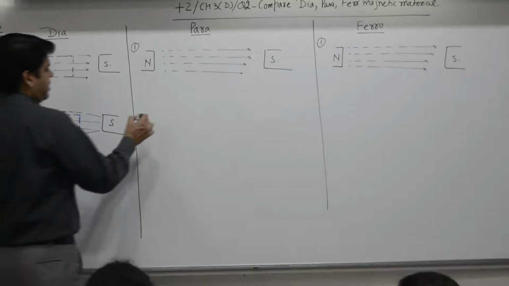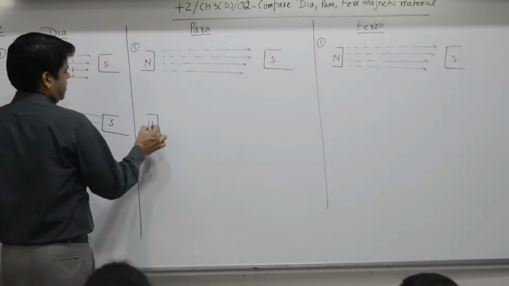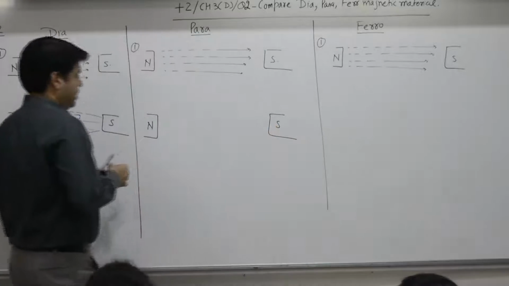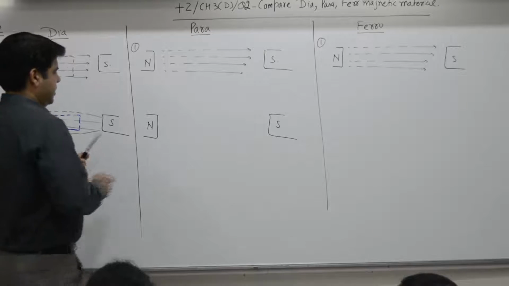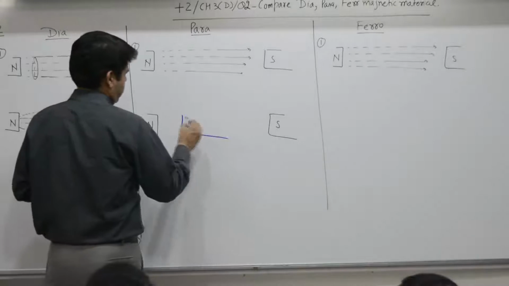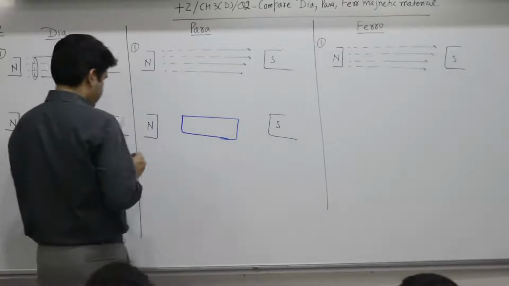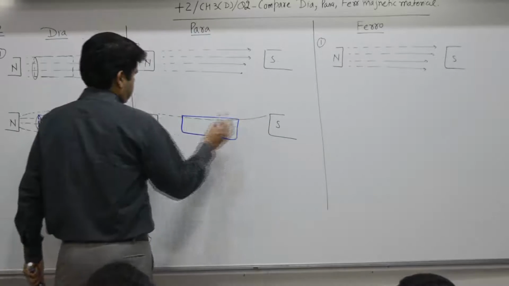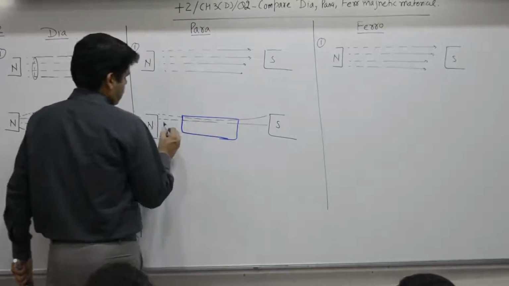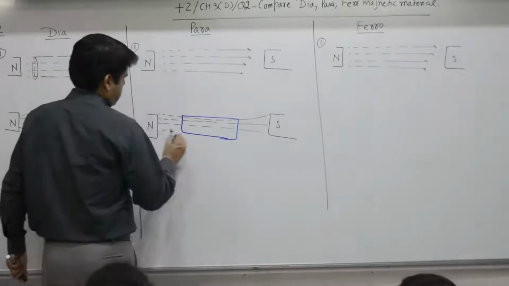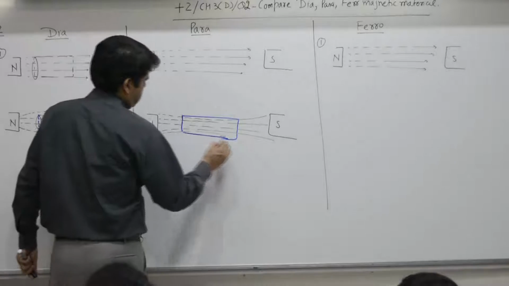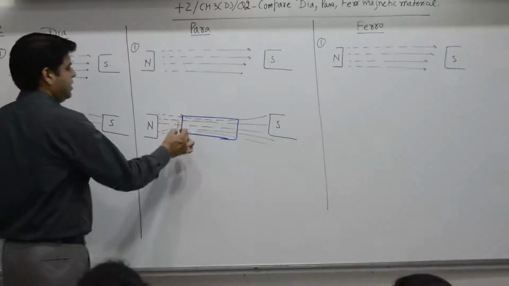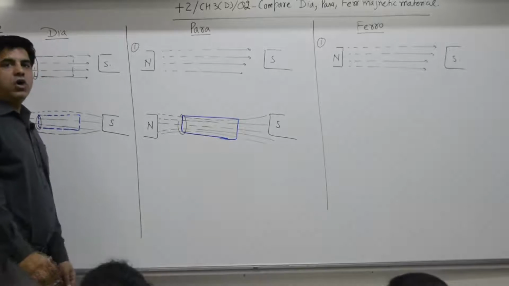If you place a paramagnetic material, you can see a small increase in the number of lines per unit area, a small support.